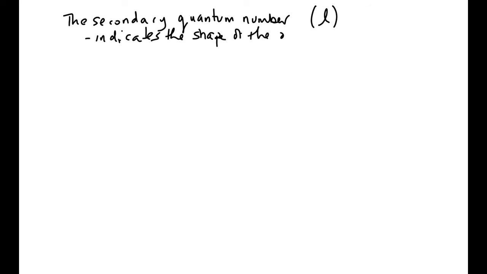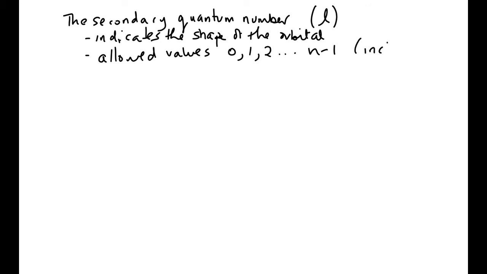The shape of the orbital, and it has allowed values of 0, 1, 2, and up to n minus 1. So its highest value is one less than the highest principal quantum number.